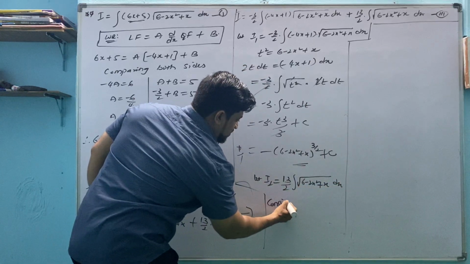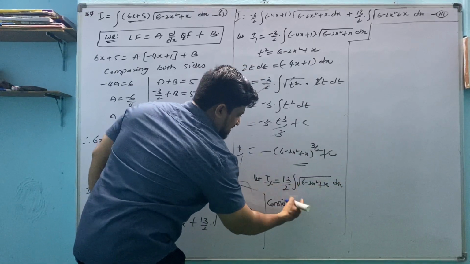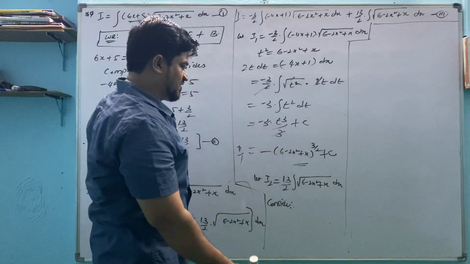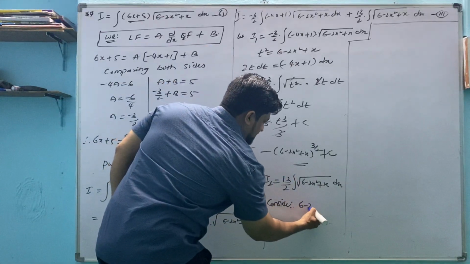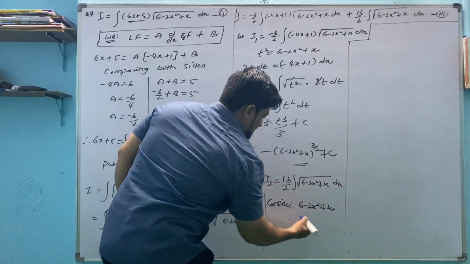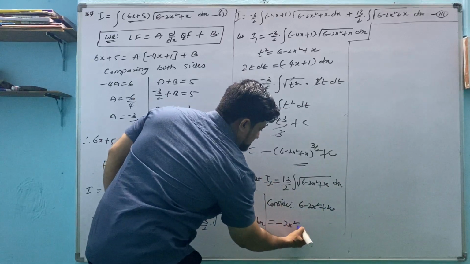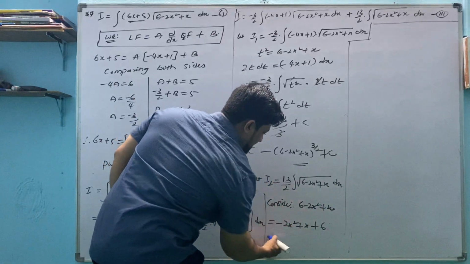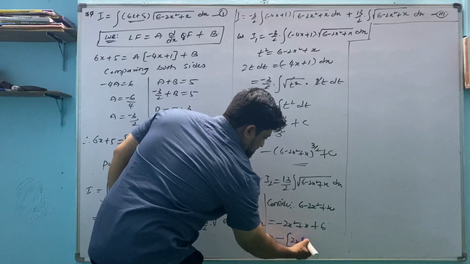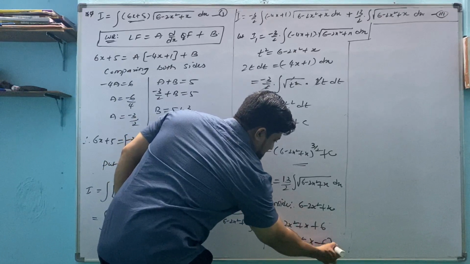Now consider, because we find only a quadratic function here, the root value 6 minus 2x square plus x. We will write in order: minus 2x square plus x plus 6. Then we take minus common: 2x square minus x minus 6.